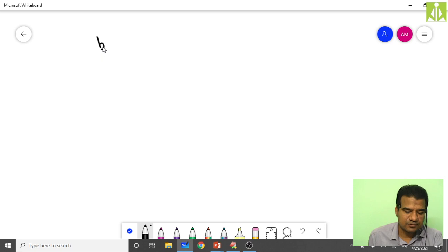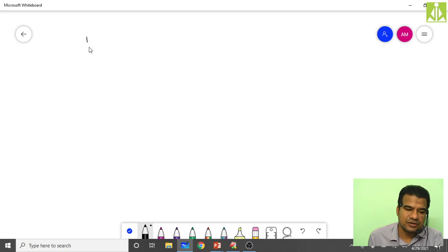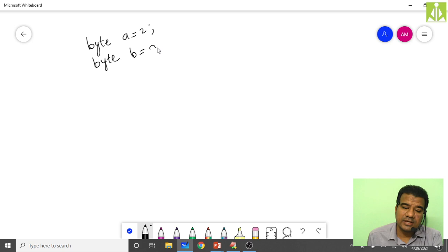I'm taking byte a equals 2, and another variable, byte b equals bitwise unary not of a. It will apply this negation operator on a's value.